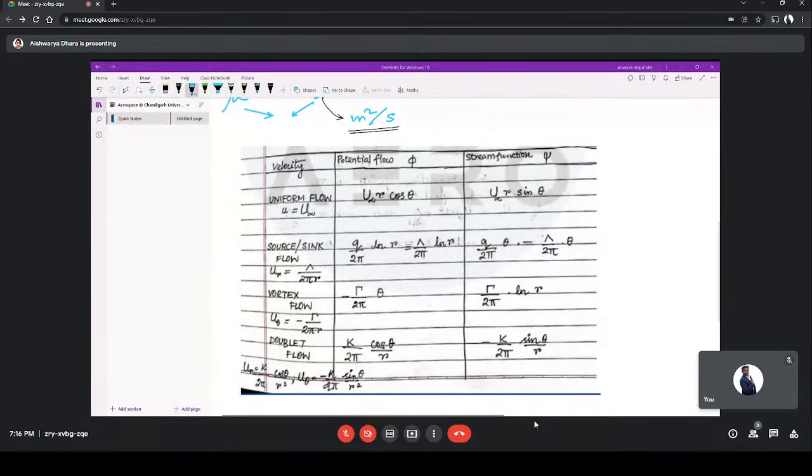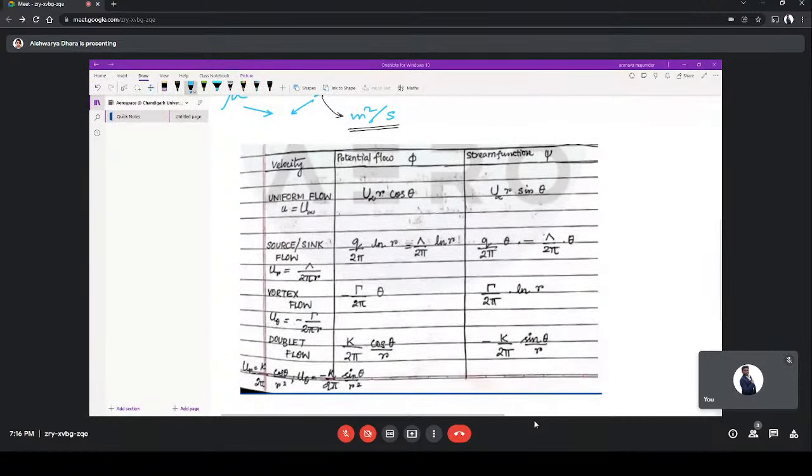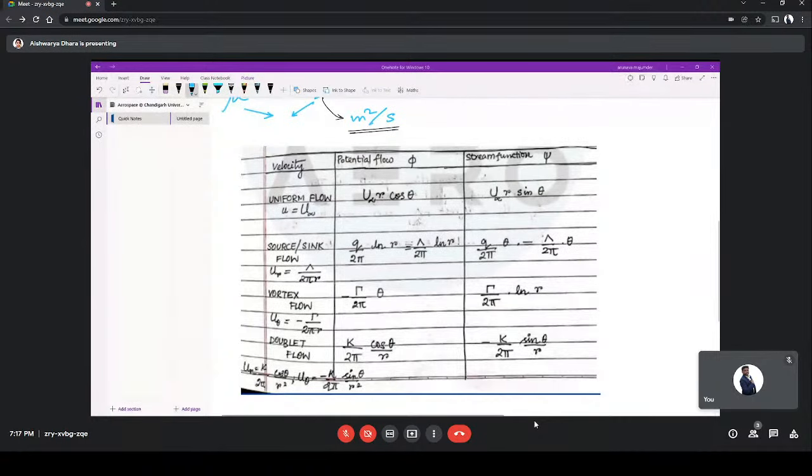This small table will sometimes help you for solving problems. So you can keep some tips and tricks to remember this particular chart, and how you can remember this thing.